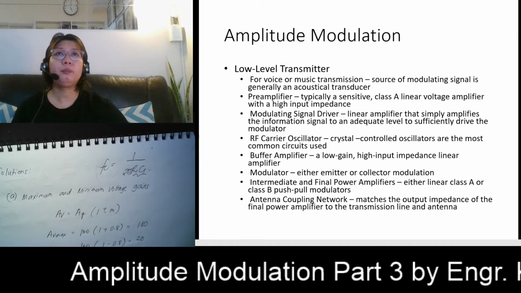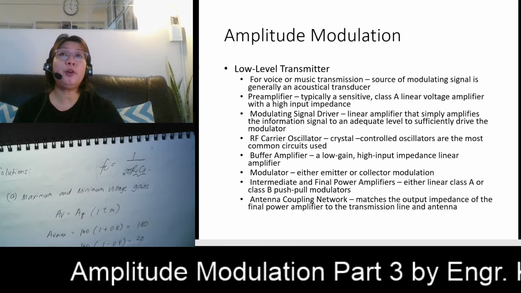Then the modulating signal driver is a linear amplifier that simply amplifies the information signal to an adequate level to sufficiently drive the modulator. Usually we can make use of more than one modulating signal driver.